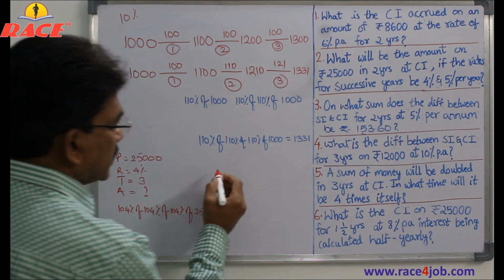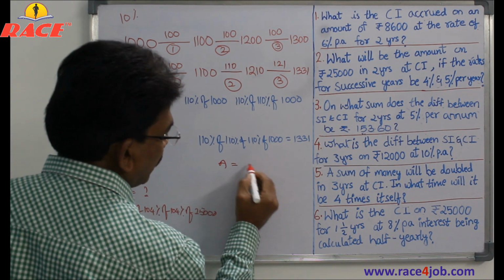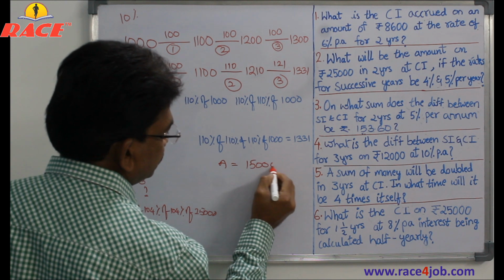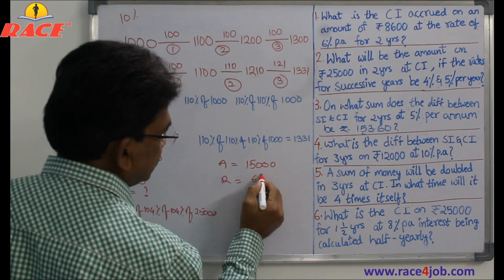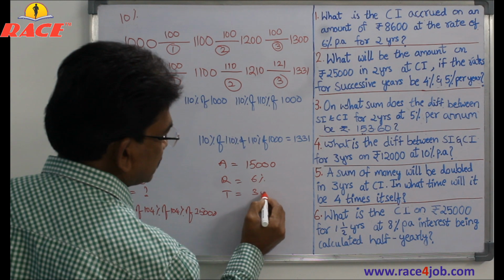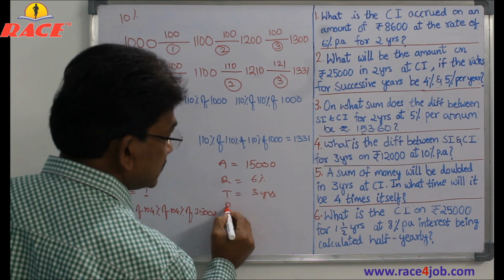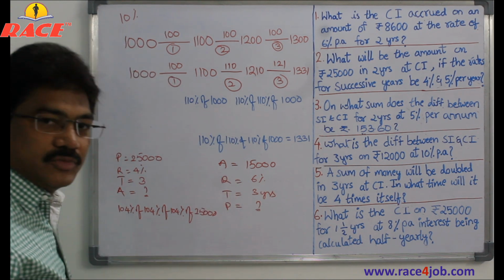Okay, what I do here, I'll give you the amount. Amount is 15,000, rate of interest is 6%, time is 3 years. What is the principal?